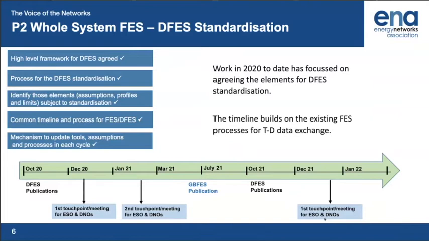So there's a process which tries to keep the GB FES and the DFES reasonably consistent, and tries to make sure that the elements that make up those things get adjusted if they need to be adjusted.